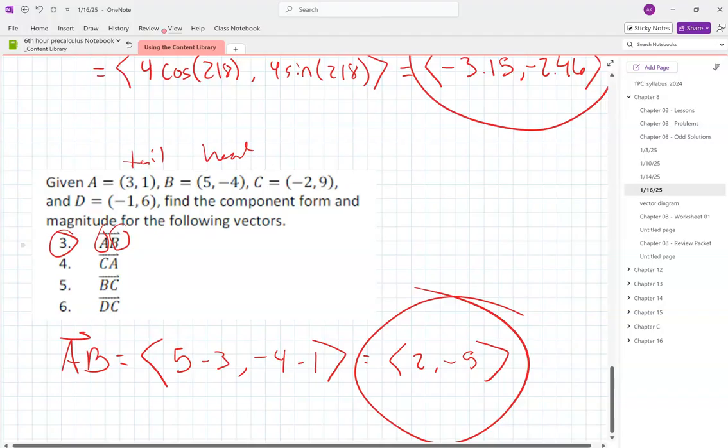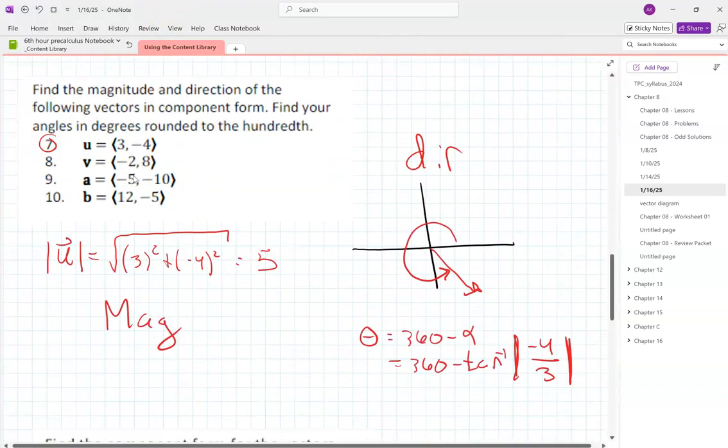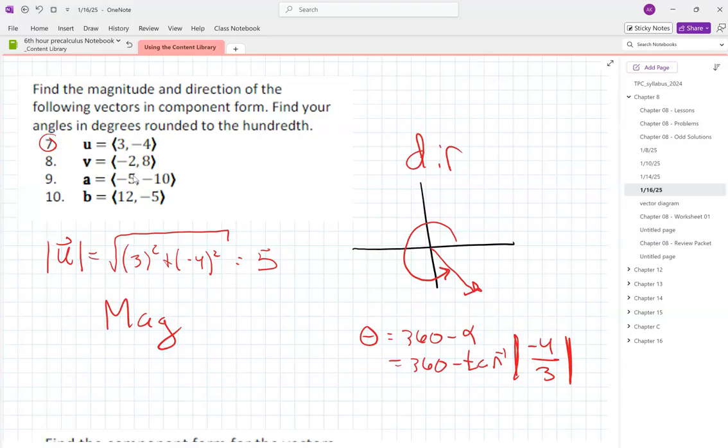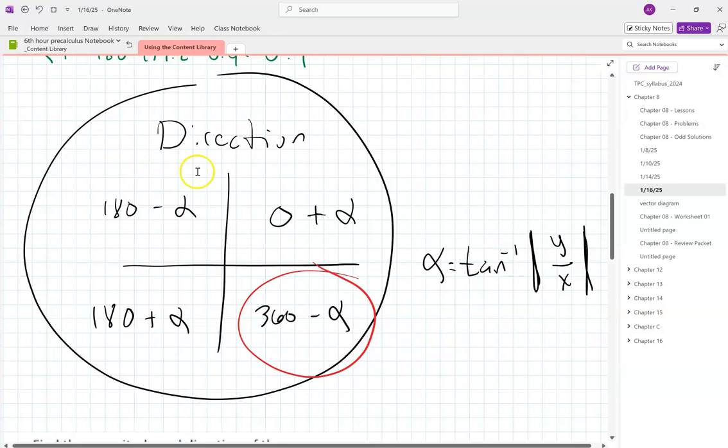Yes, Mariana? When you're trying to find the direction, there's one of the questions, like 180 plus the alpha or 360 minus alpha, how do you know if you do 360? So this picture right here.